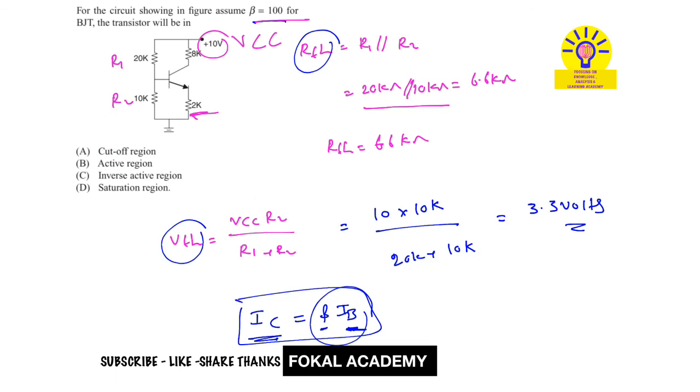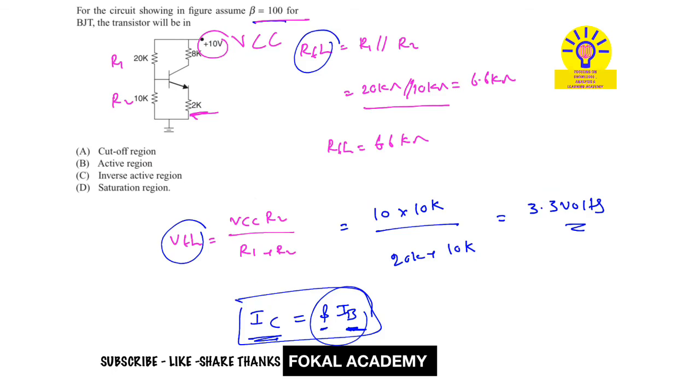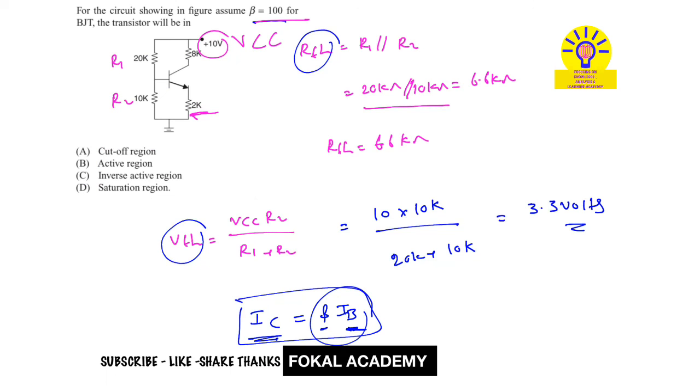We got IC saturation as 1 milliampere only, but IC active is 1.59, which is greater than that. So the given circuit is in the saturation region. So from the options, option D is the correct option.